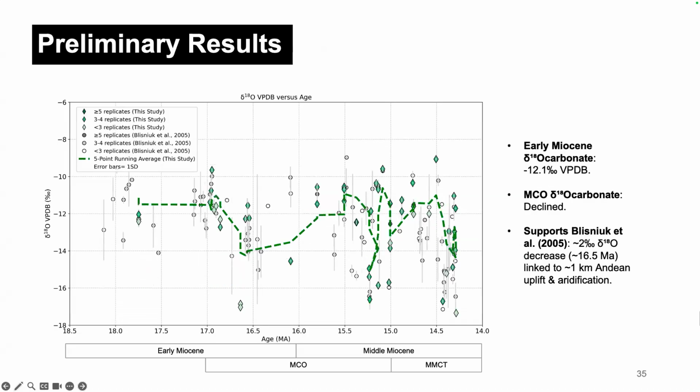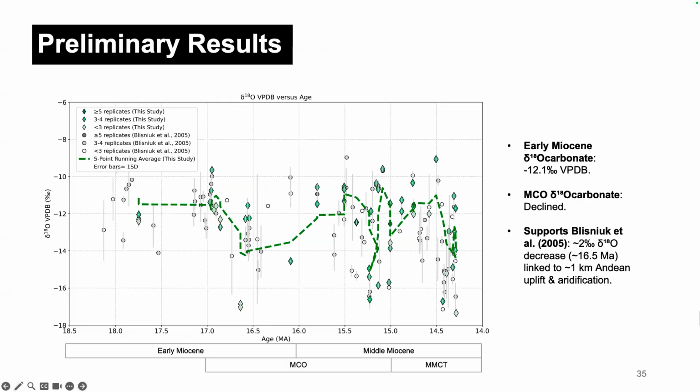The delta 18O carbonate record reflects significant climate and tectonic shifts in the southern Patagonian Andes. In the early Miocene, delta 18O values average negative 12.1 per mil VPDB. During the MCO, values declined to an average of negative 12.7 per mil VPDB, suggesting cooling and shifts in precipitation patterns.